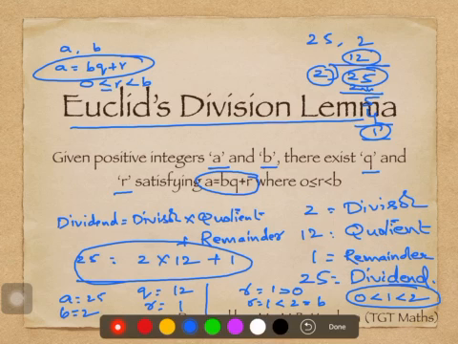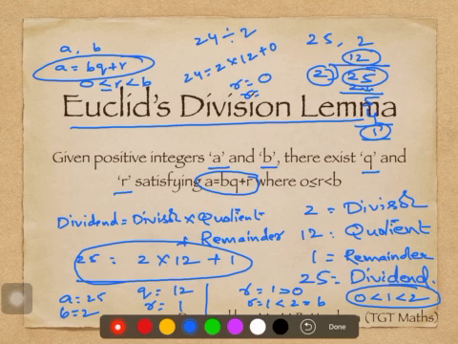How? See the case 24 divided by 2. 24 may be written as 2 into 12 plus 0. Here r equals 0. So the condition is r equals 0, which is less than 2. Here 2 is b.